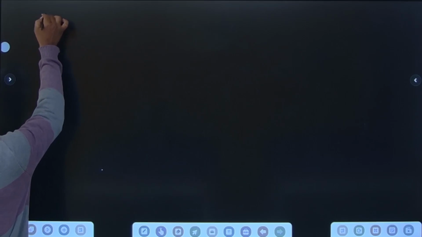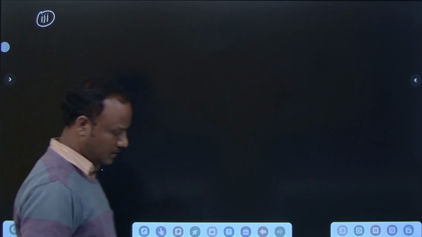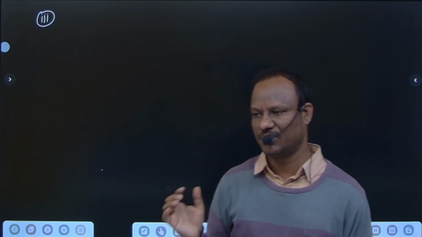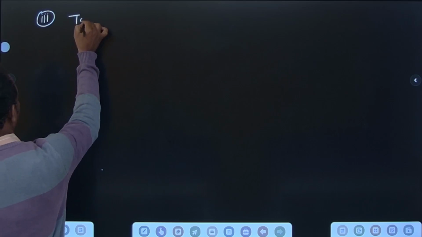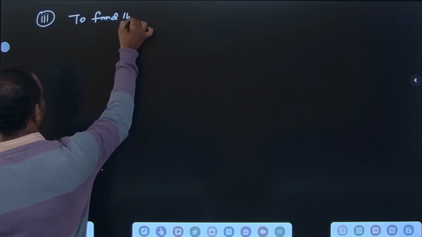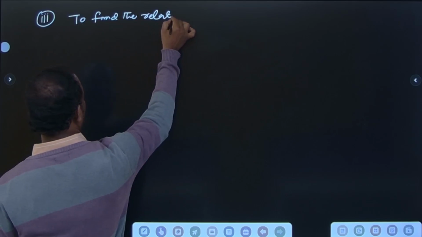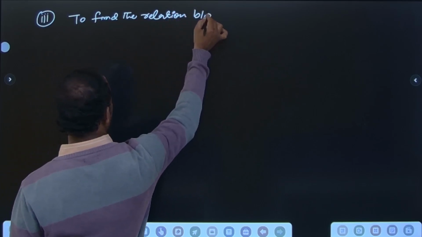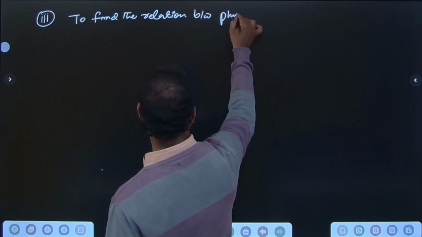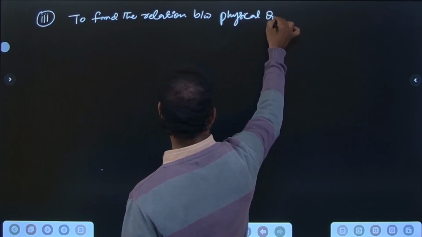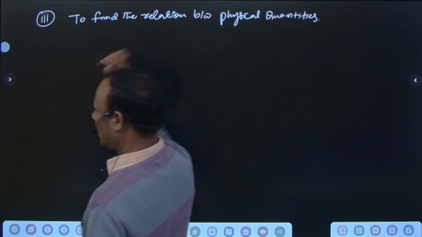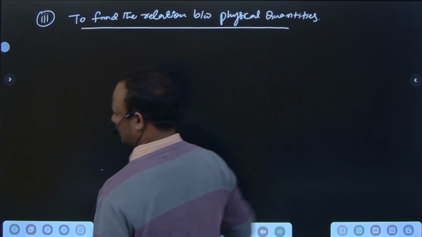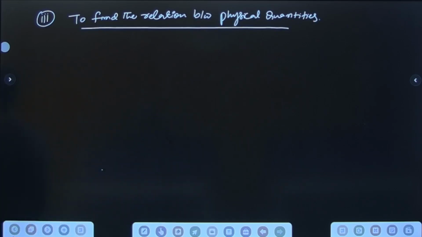The third one is to find the relation between physical quantities. How do you get the relation between physical quantities?